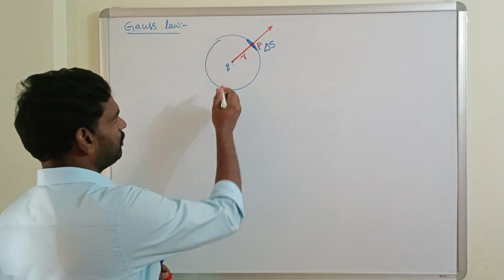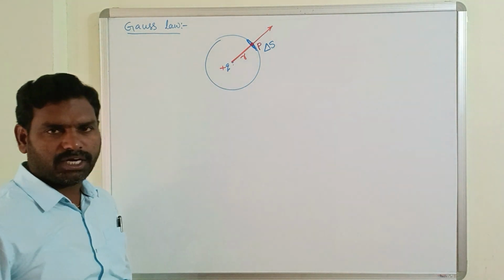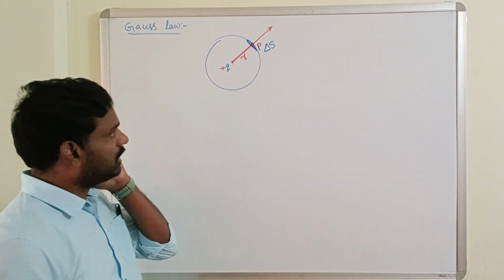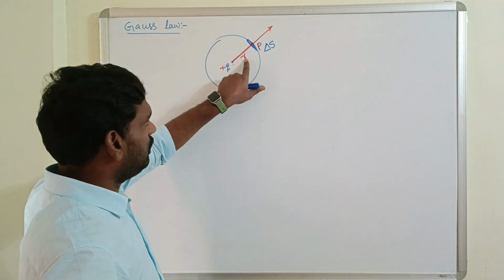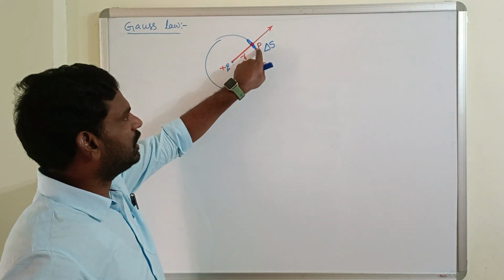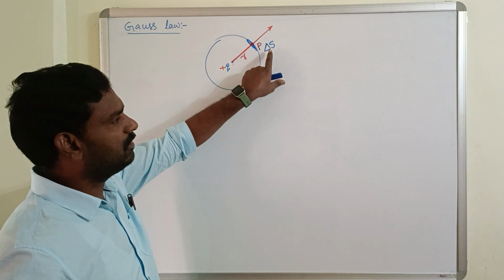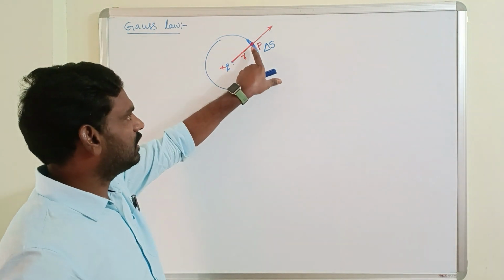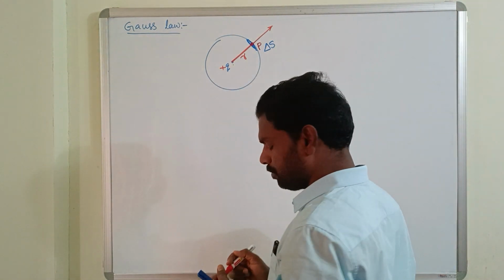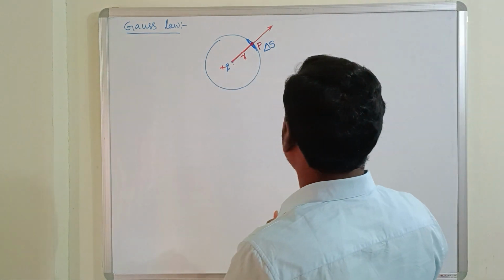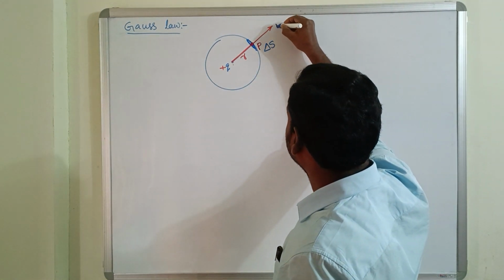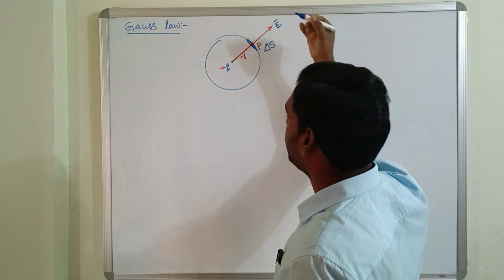If this is a positive charge located at the center of the sphere with radius r, then the electric field at area element delta S is pointing radially outwards. This is the direction of the electric field.